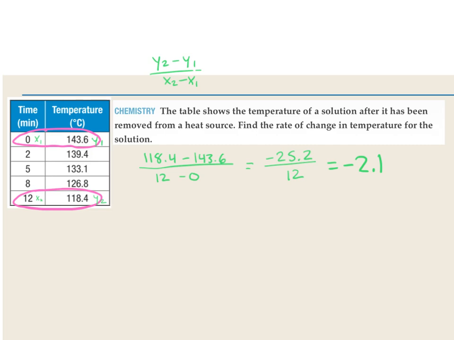If we needed to put a unit to say what this negative 2.1 represents, what unit do you think we would put here? So we are talking about degrees, but we're talking about degrees over a certain amount of time.